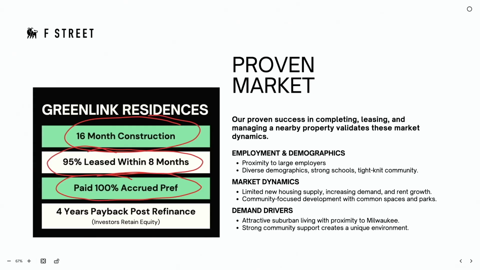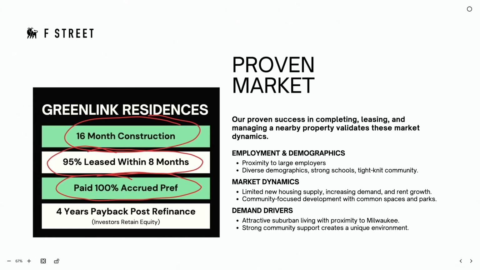In this deal, there was a 7% preferred accrued return, and Village 43 is an 8% preferred return, but we've paid all of our investors, every dollar they put into the deal, they are earning 7% on their money. It's an older deal, but they earn 7% and we've paid 100% of the accrued preferred return.